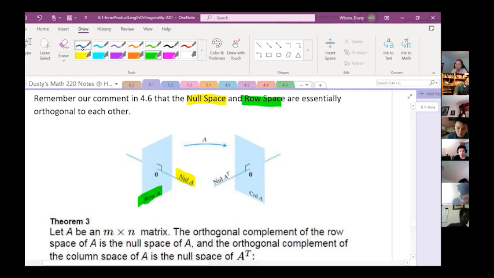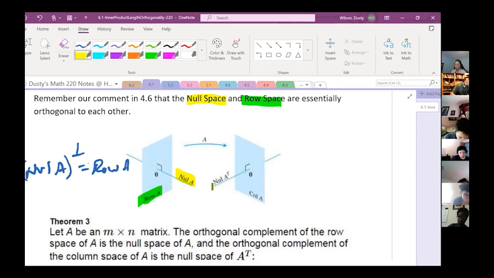Or you could say something like, the null space of A perp would be equal to the row space of A. Similarly, you may remember that stuff about the null space of A transpose.